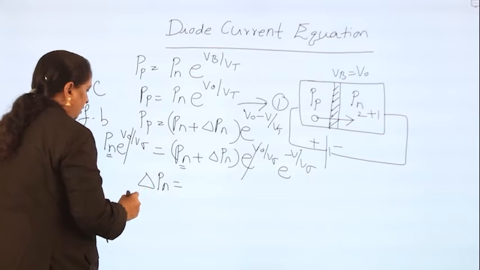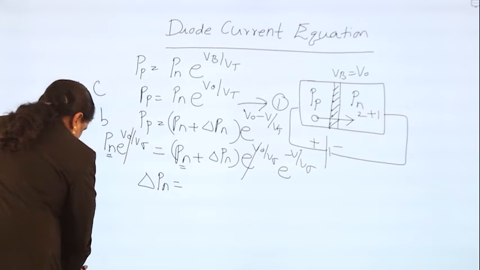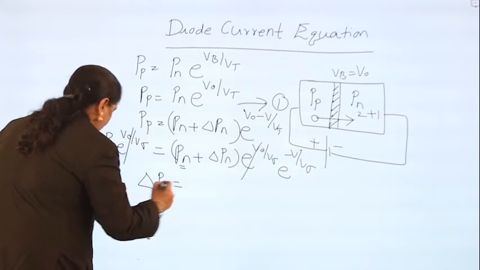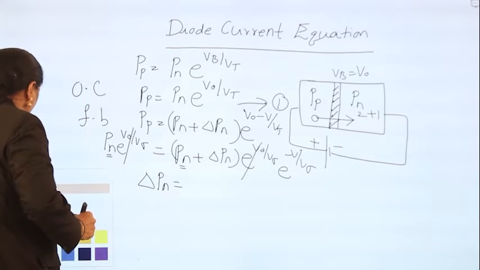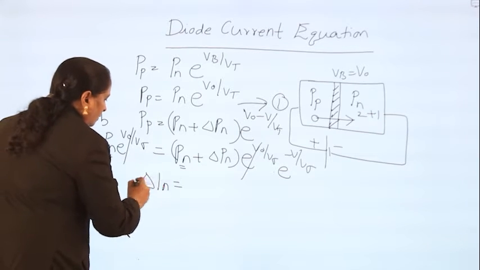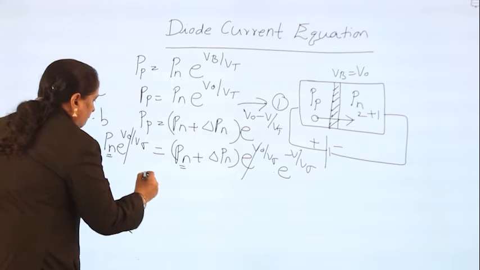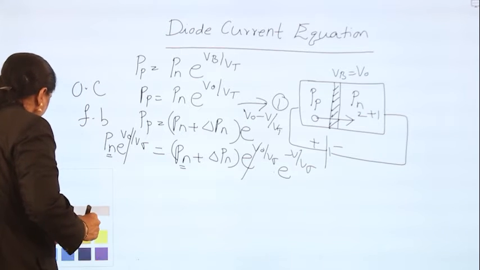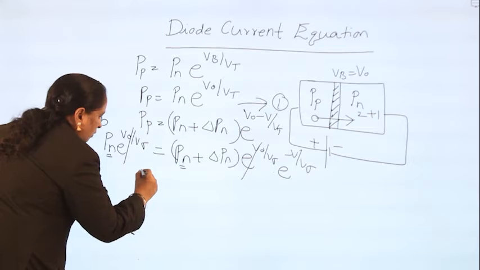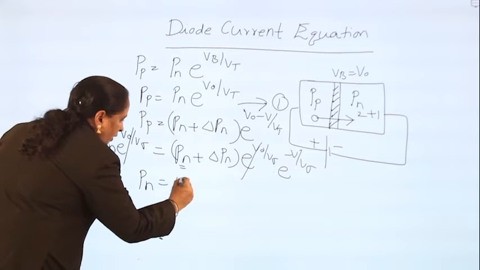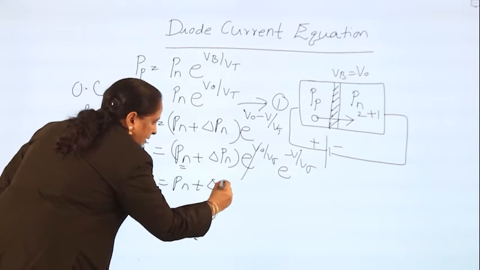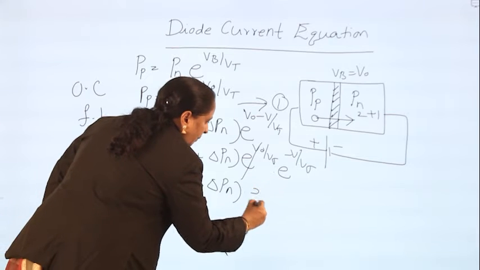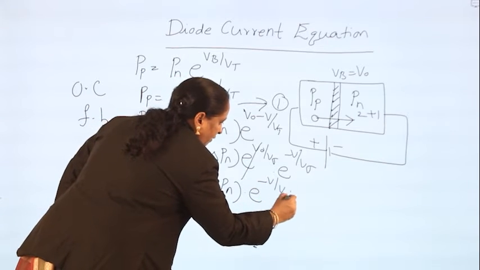Now, Pn is equal to Pn plus delta Pn into e power minus V by Vt.